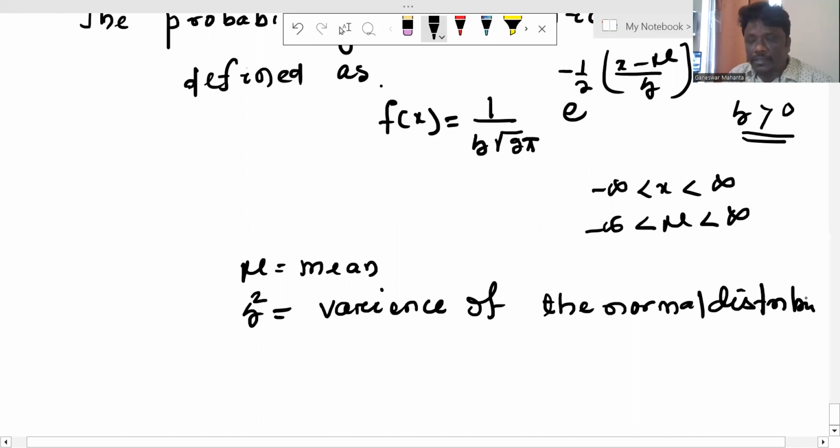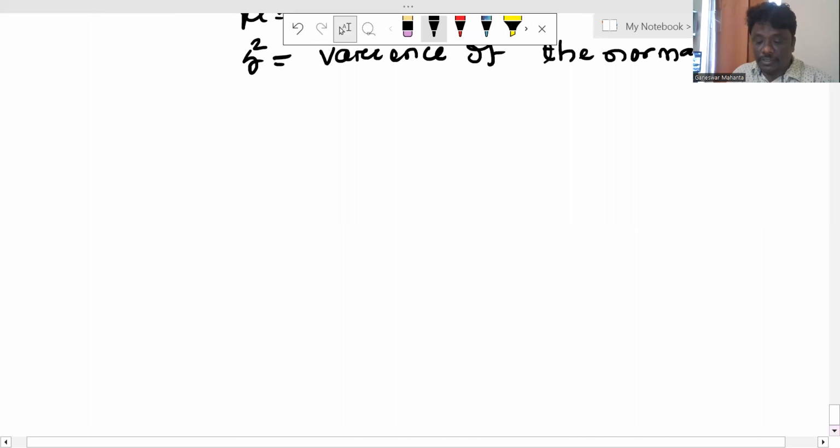The mean range is also defined from minus infinity to infinity. So I have expressed some conditions for the normal distribution function.